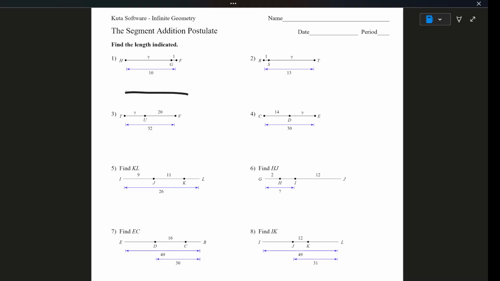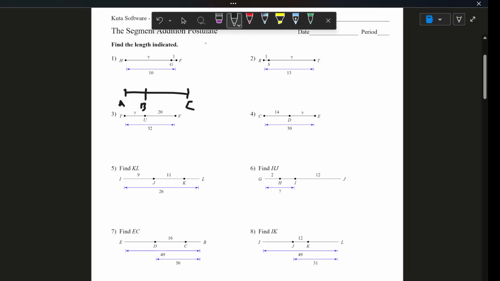So basically, for instance, we'll call the front of it A. We'll call this B, and we'll call this C. Now we want to find out, so let's see.